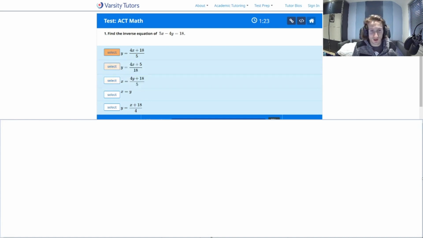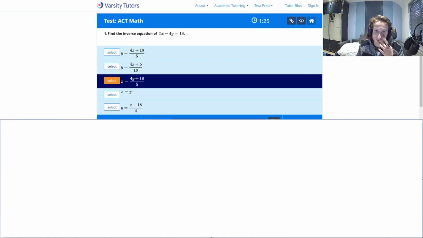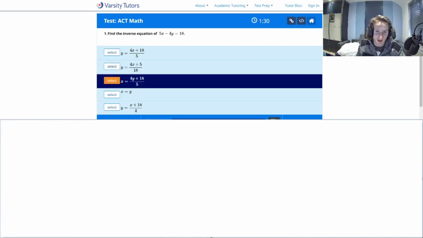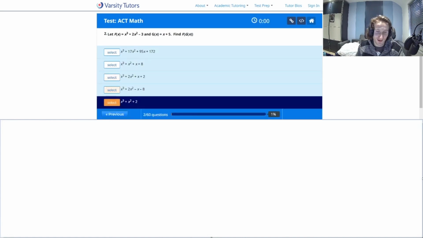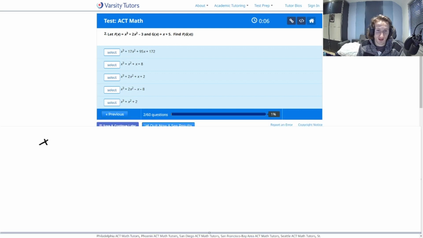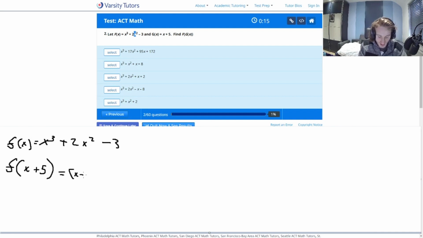Alright, well, I mean, it's none of the y ones. What about if we make x the subject? Sorry, it's going to be that one then. There you go. Stupid language. Anyways, alright, if f of x is equal to this cubic and g of x is this, then what is f of g of x? That's all we're going to do, sub in this into this, and we should get, give me a second.